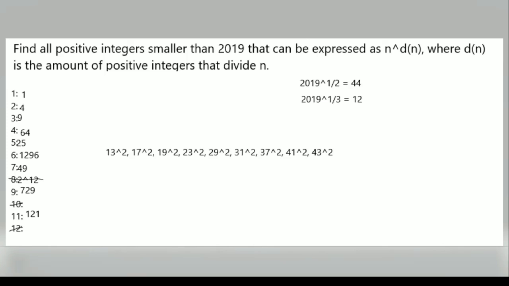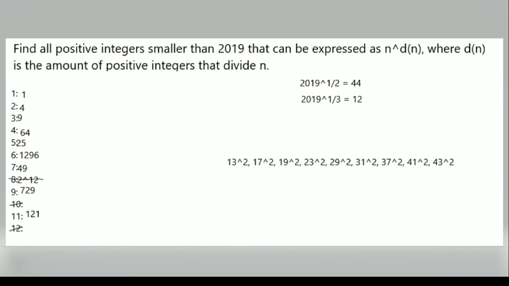So I finished writing these numbers. They are in here: all the prime numbers greater than 12 and smaller than 44, unless I missed a number, in which case I'm sorry. I didn't write their squares, but they will work. They will be smaller than 2019.